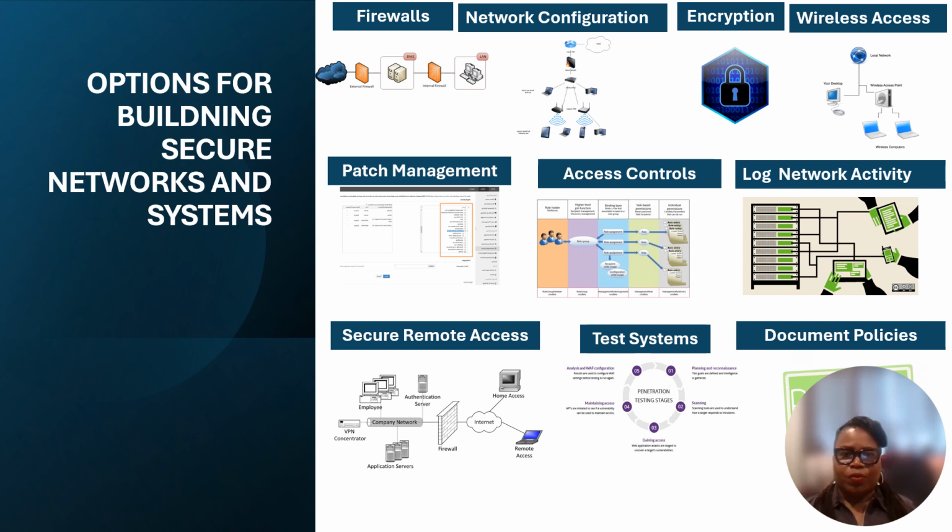There is network configuration in place to ensure that default passwords are changed, that unnecessary services and protocols on the network are disabled, and that overall segmentation is in place to ensure that there are limits to cardholder data. Encryption is in place. The organization has strong encryption that protects cardholder data when it's transmitted over public networks and when it's stored on systems.